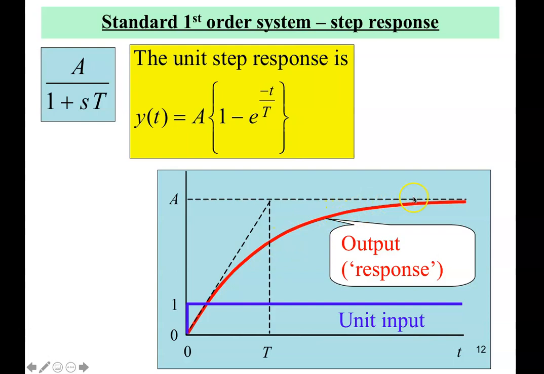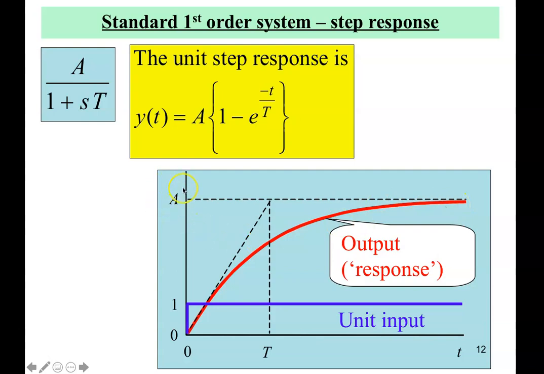It goes up and then settles down eventually. This is the entire transition period, but it will eventually settle to a final value. Final value equals the DC gain times the input, so DC gain times input, that's A times 1, that's 1.